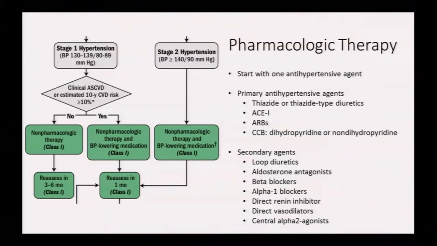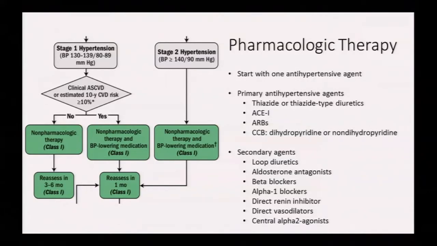So for stage 1 hypertension, when our patient falls in the category of systolic 130 to 139 with a diastolic of 80 to 89, then the second question is, do they have any clinical ASCVD, or an estimated more than 10% 10-year risk of ASCVD? And to estimate the risk, it's easy. You pull up your MDCalc and calculate their ASCVD risk and see what the percentage is.